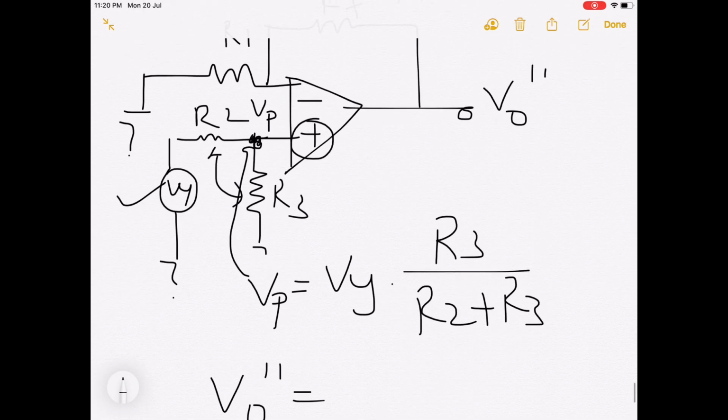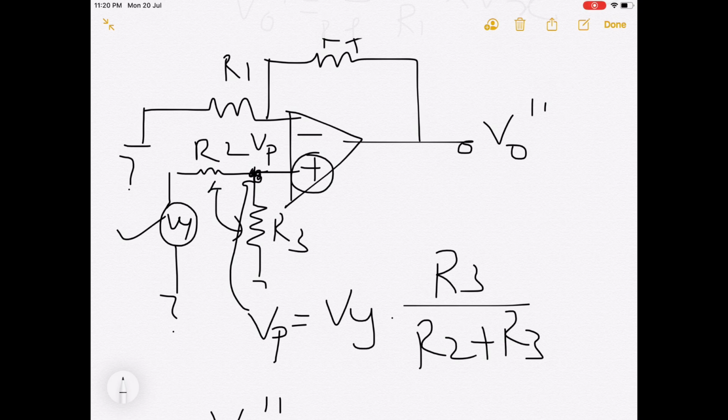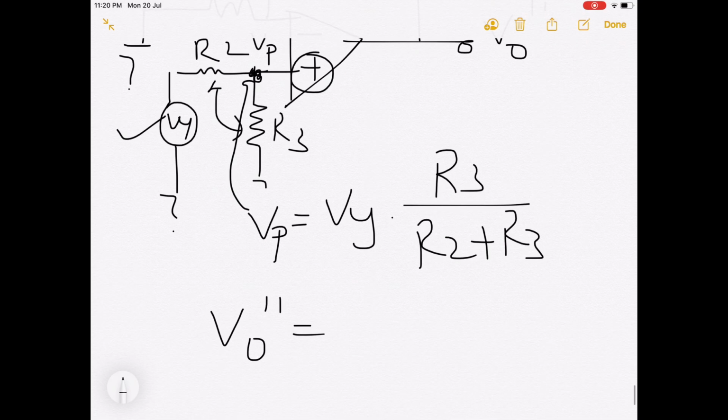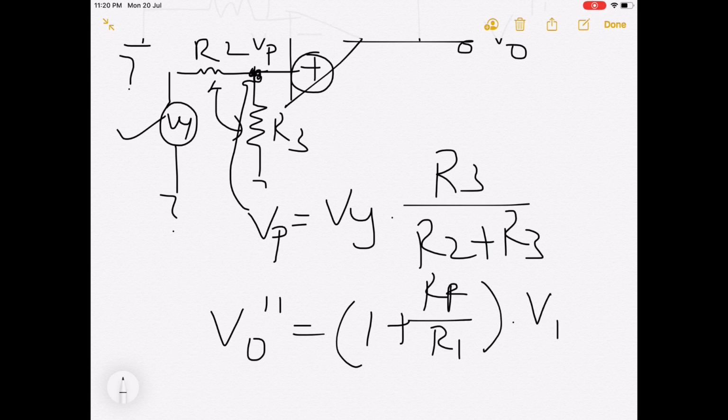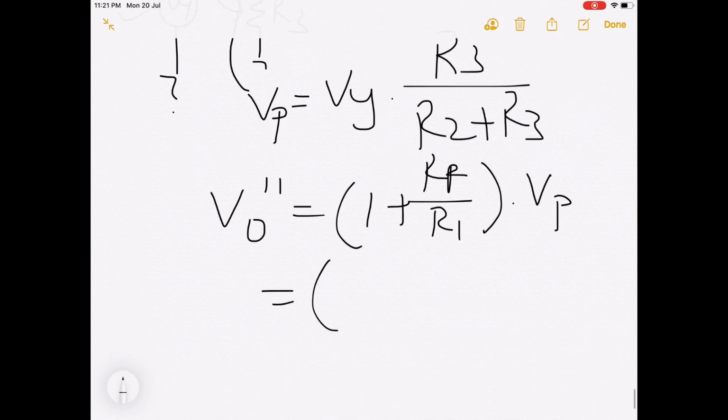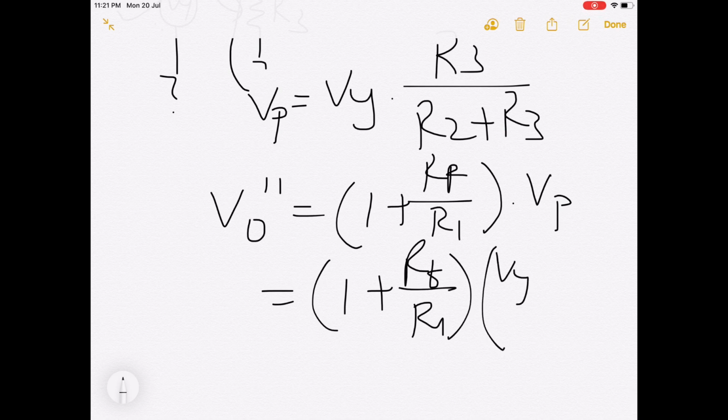So VO double dash is what? This circuit is a non-inverting amplifier. The non-inverting amplifier output is 1 plus RF upon R1 into Vp. So you have to consider Vp here. What is Vp? 1 plus RF by R1 into Vy into R3 upon R2 plus R3.